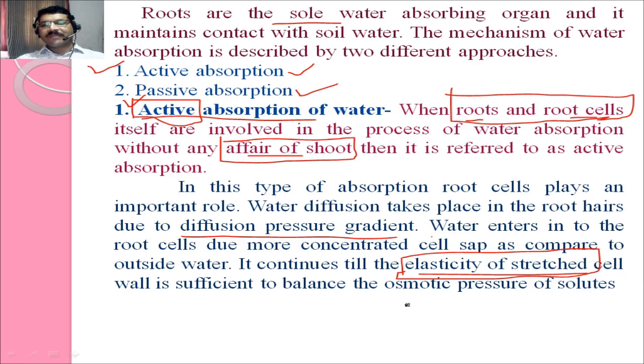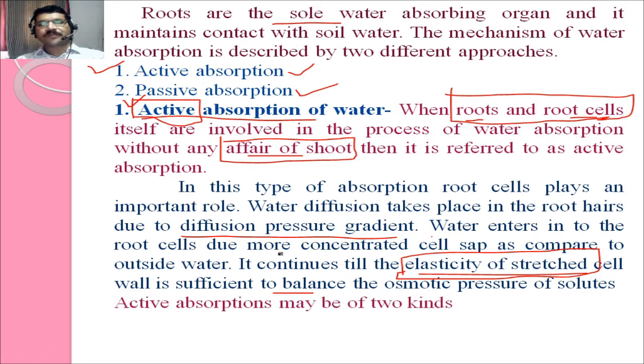In simple language, if the osmotic pressure of soil water and the osmotic pressure of cell sap become balanced, then water entry will stop. This type of water absorption is known as active absorption of water.